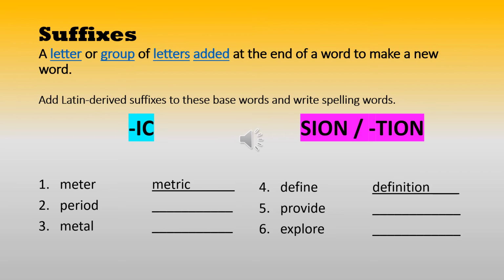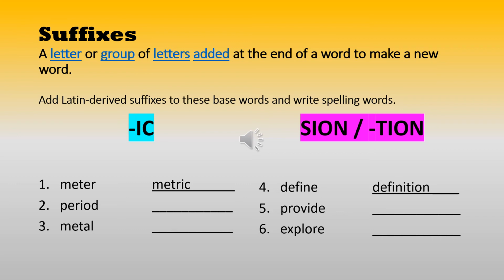Okay, the instruction for this new assignment is that you need to add a Latin derivative suffix to this base word and write its spelling word. Remember, the purpose of this lesson is that you use the spelling words and find out which one is the perfect answer for each exercise.